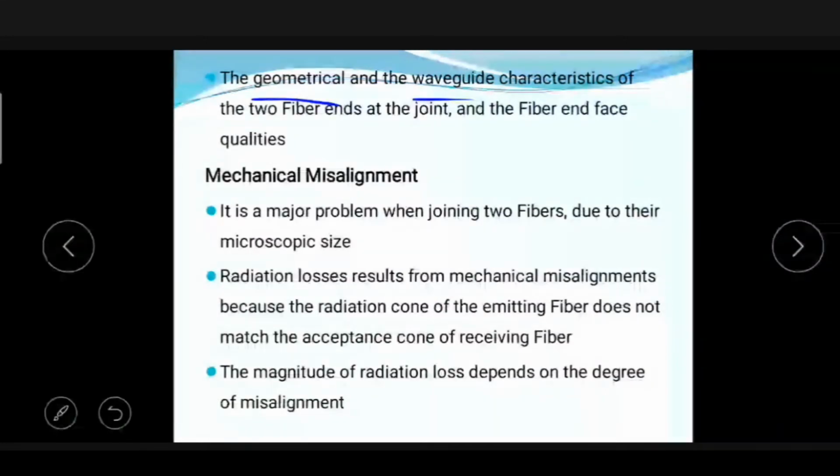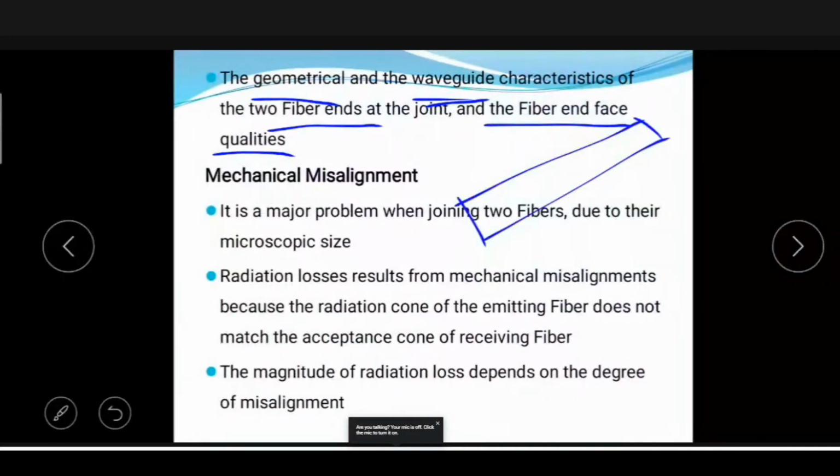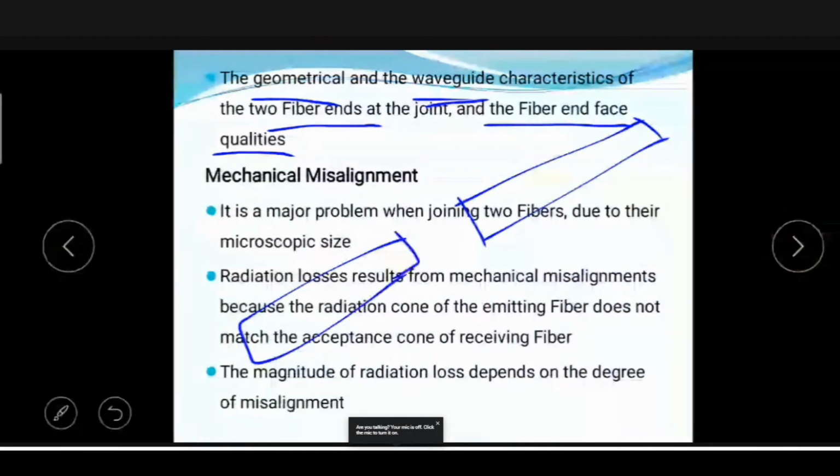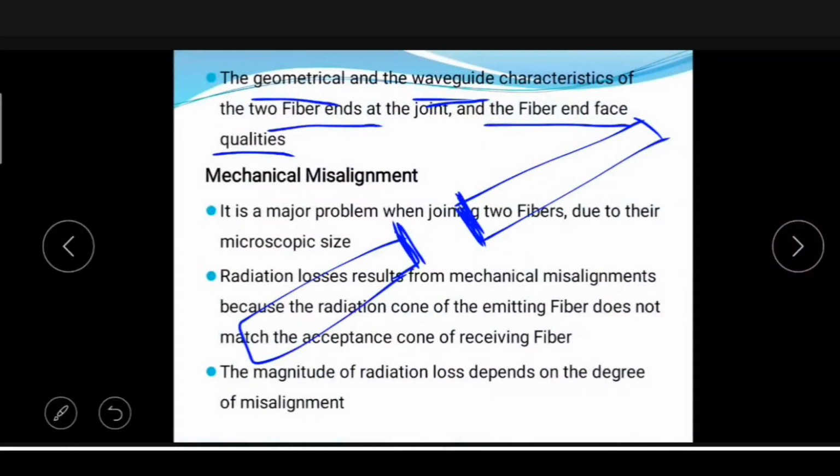Waveguide characteristics depend on the fiber ends, or what we call fiber end faces, and the fiber end face qualities. So if this is a fiber and this is a fiber, this is a fiber end face. If I want to join these two, these faces should be proper. I cannot join a fiber like this.